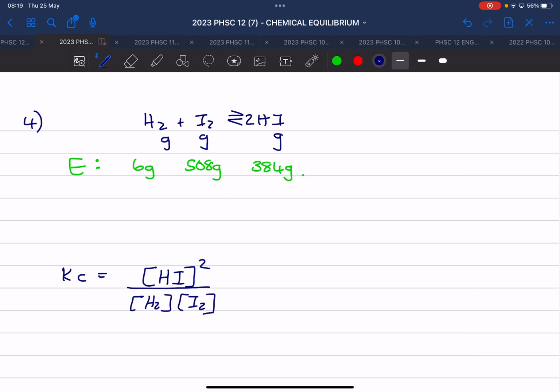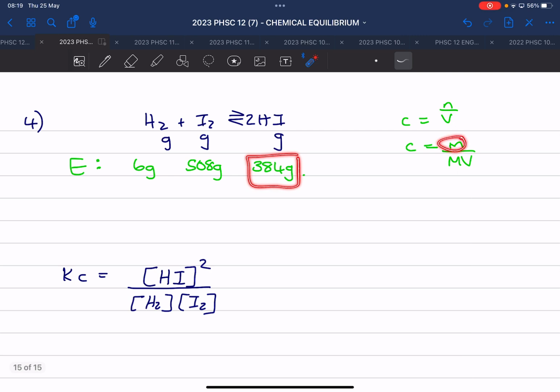Okay, now there's two formulas for concentration. The one is this, and the other one is this. Okay, now since they give us grams, I'm going to change this mass into concentration with this formula.